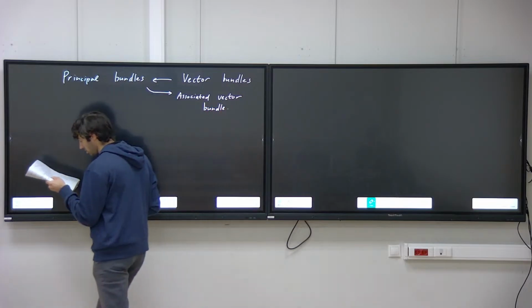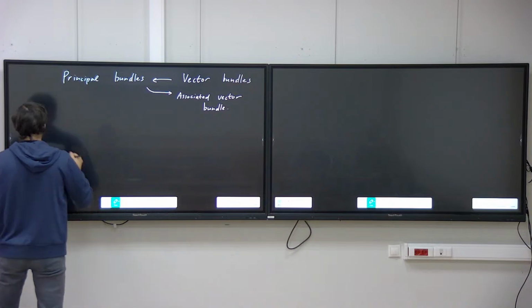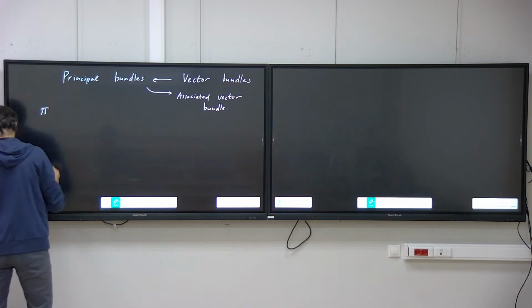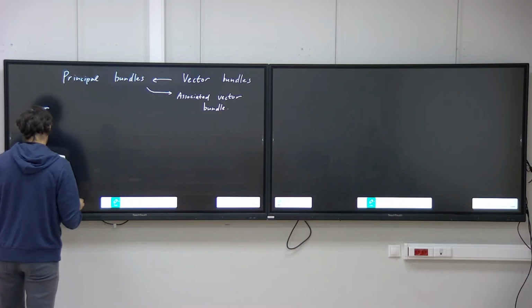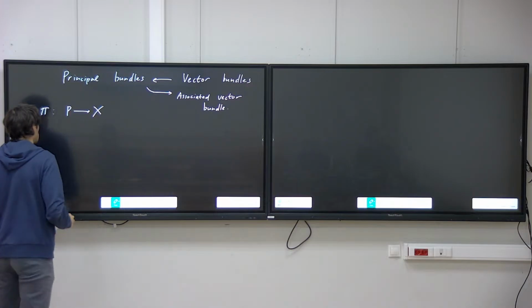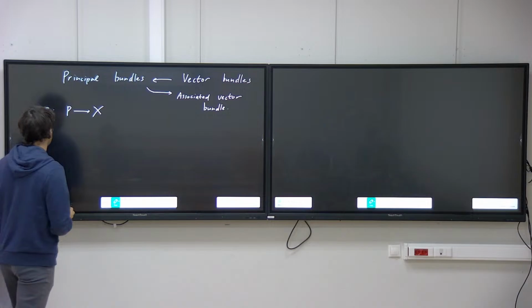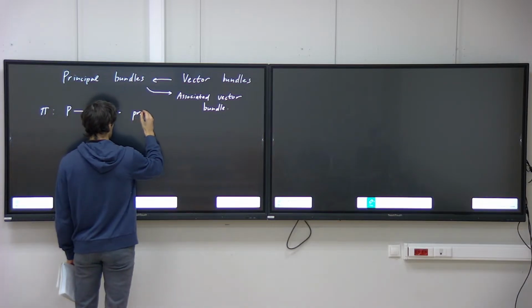The construction goes like this. Fix your principal G bundle. So it's P over X, and the projection is pi. So this is a principal G bundle.